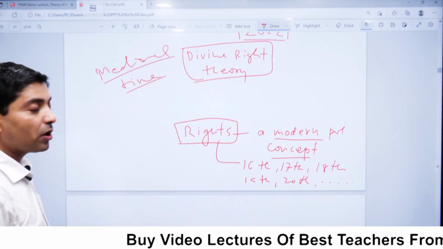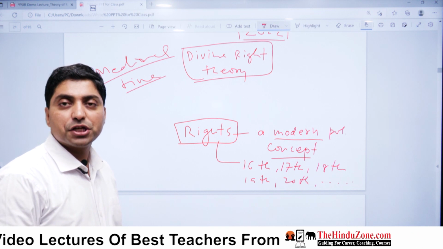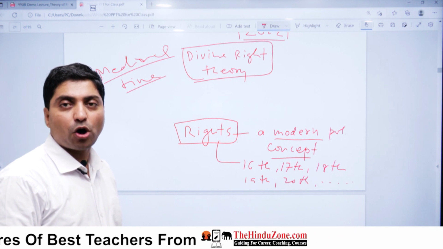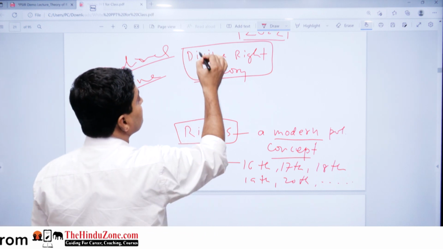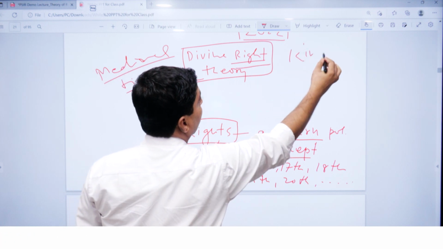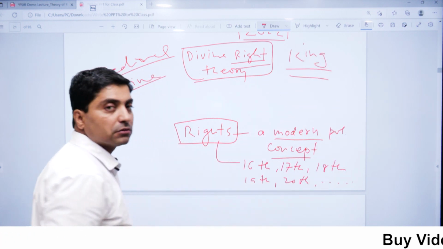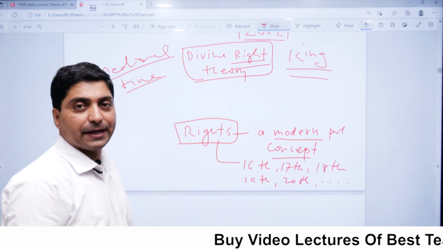This theory is all about the king being a representative of God on earth. So God has given right to the king only, not to everyone. So everything belongs to the king.